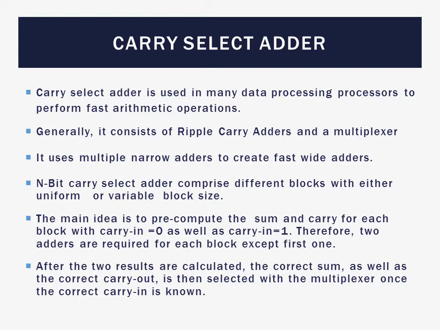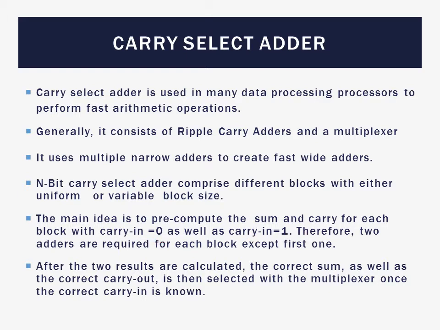However, here the main idea is to pre-compute the sum and carry for each block without waiting for the previous carry to come in, and this is possible whenever we are considering both possibilities of the carry. That means whenever the carry in is equal to 0 as well as the carry in is equal to 1.